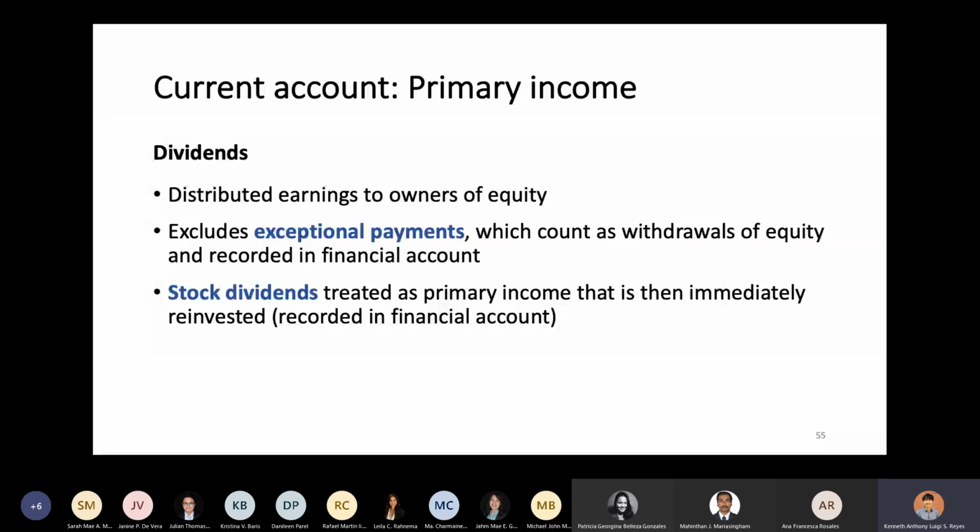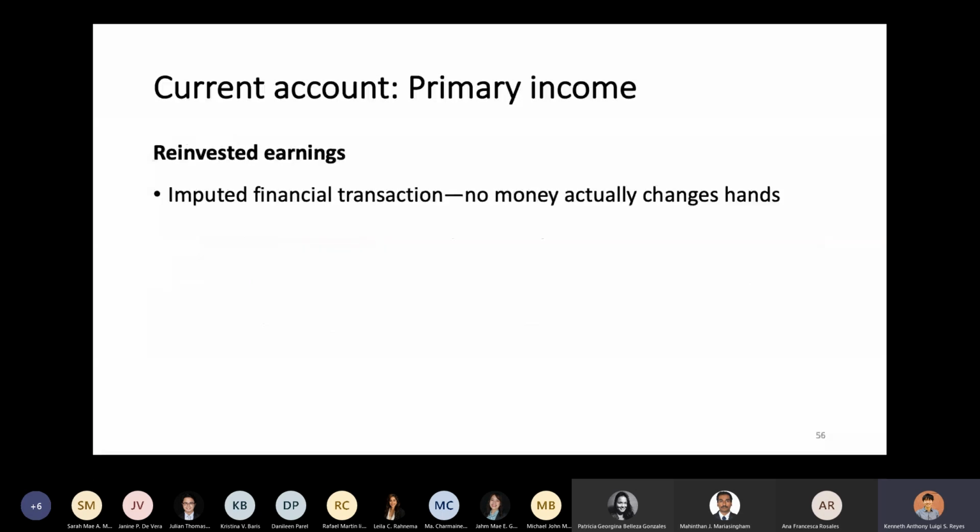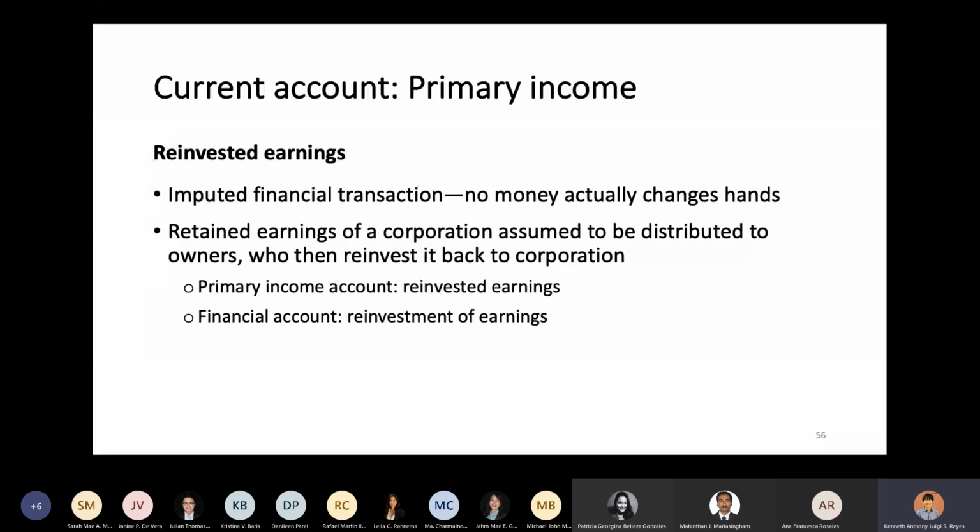Another form of investment income is called reinvested earnings. This is an imputed financial transaction, meaning no money actually changes hands. Why do we do this? So the retained earnings of a corporation are assumed to be distributed to the owners, who then reinvest it back to the corporation.